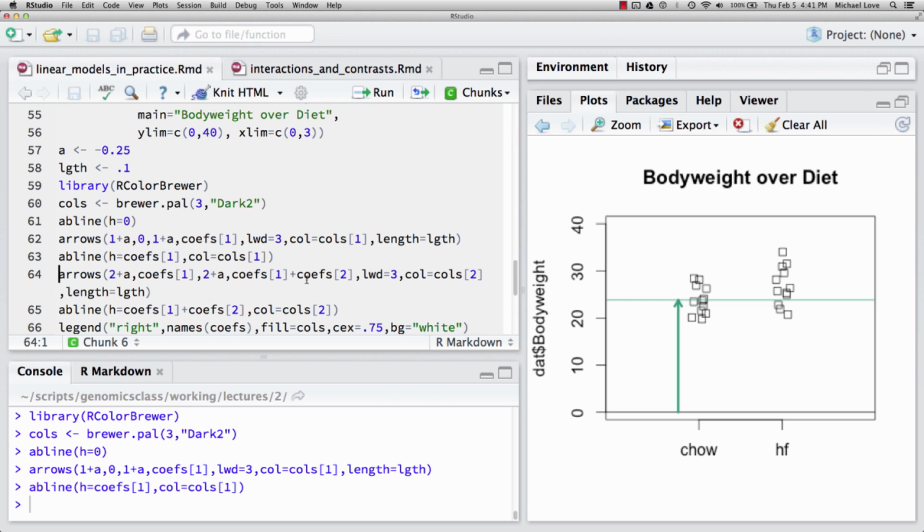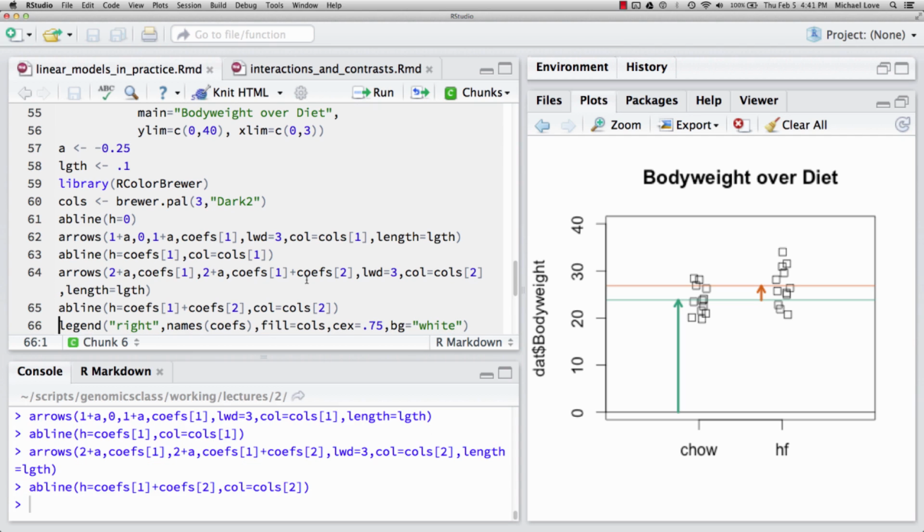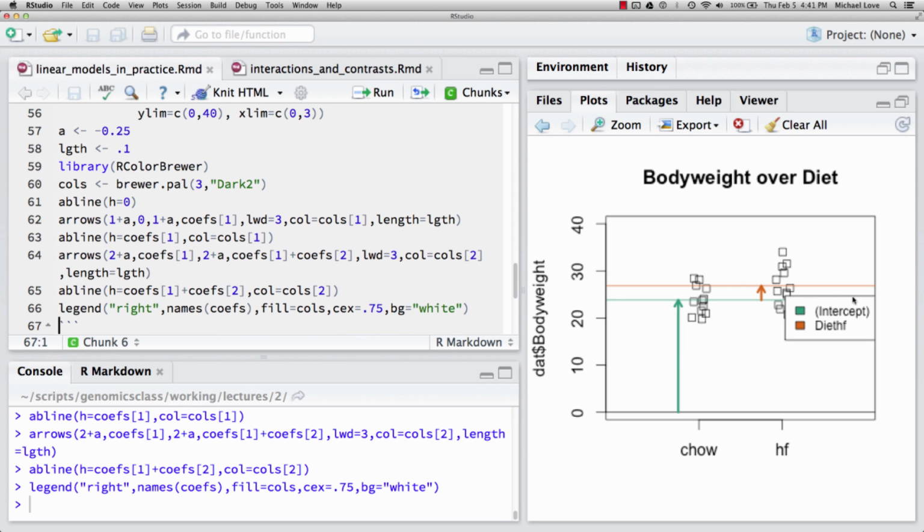I'm going to draw a second arrow, which goes from the chow group to the high-fat group. And that is this diet HF coefficient. It's the difference between the average in the high-fat group and the average in the chow group. So that's a horizontal line for the mean of the high-fat group. And I'll put a legend on the side, which tells you the green is the intercept and the orange is the diet high-fat.